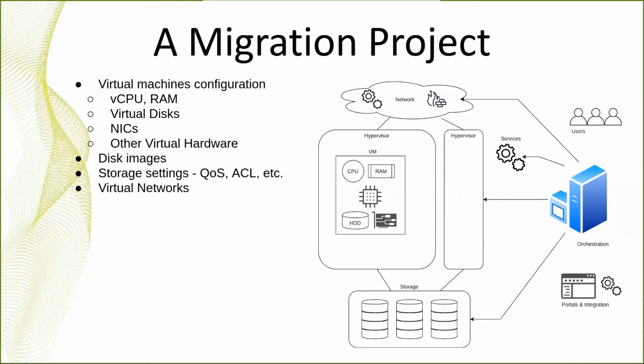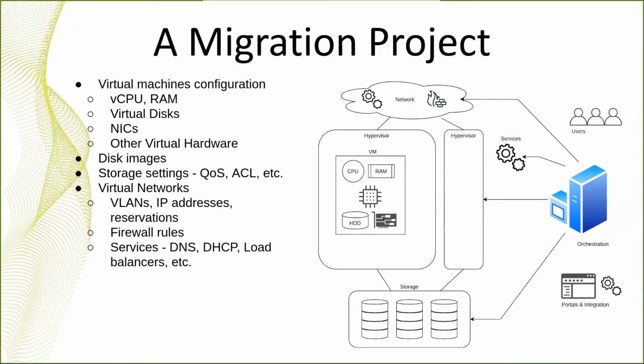Typically, we will need to migrate the virtual networks with all the settings and the services the virtual networks provide. This is VLANs, addressing, routing, IP address reservations, also any firewall services that the virtual network provides, DNS, DHCP. Virtual network may provide some load balancers. So typically, we would like to migrate at least some of these services to the target system.